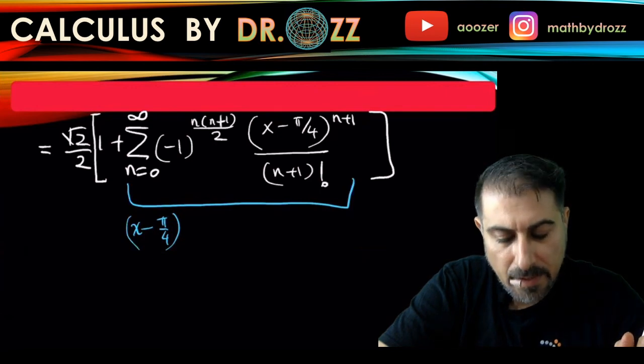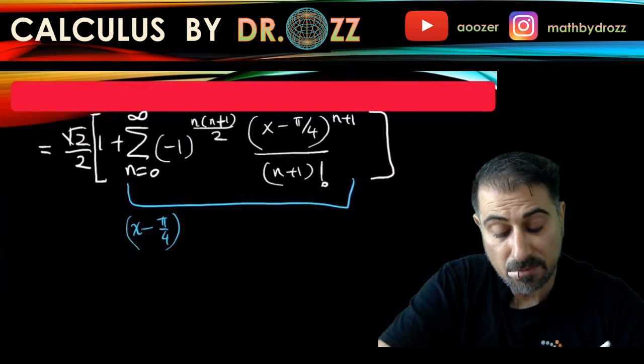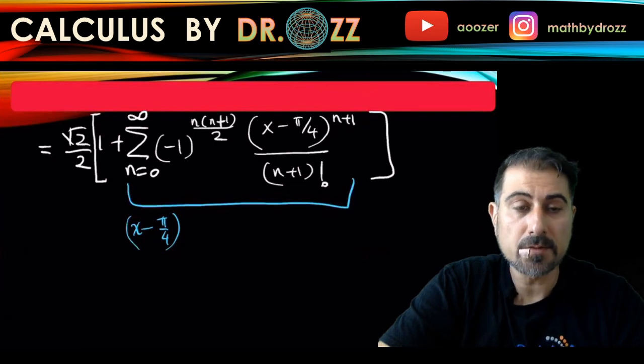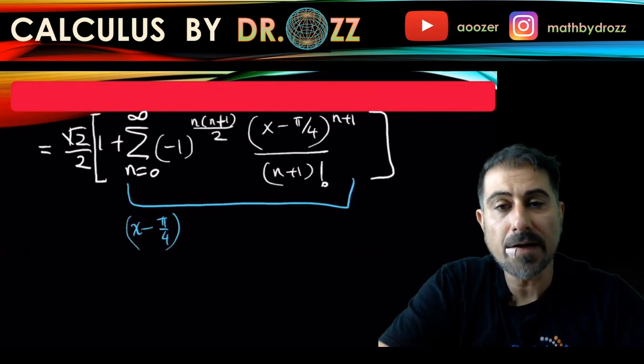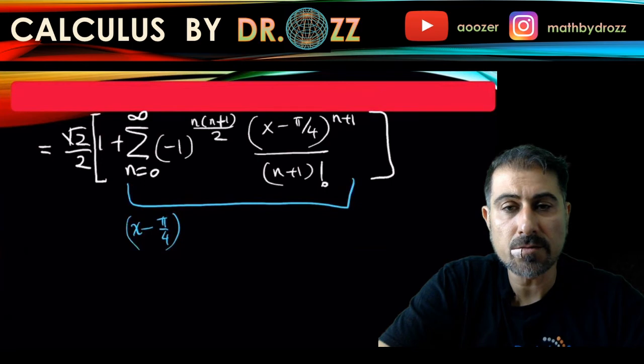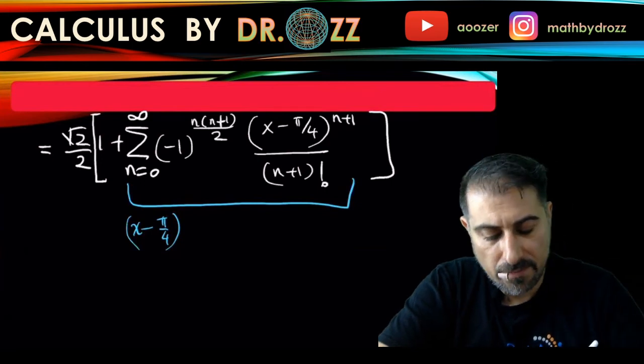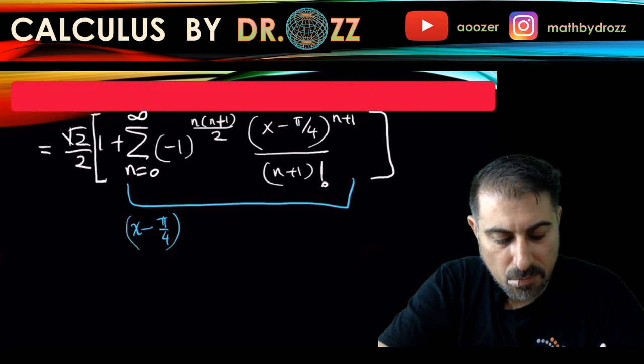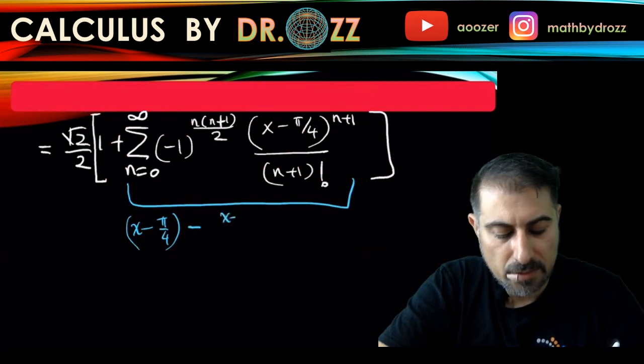So let's try again. n equals 0. The power is 0 for negative 1, and negative 1 to the 0 is 1. The first term is x minus pi over 4. The second term, when n equals 1, is 1 times 2 divided by 2, there you go. So we get 1 for the power of negative 1 in the case of n equals 1. So we have a negative sign coming along here, x minus pi over 4 squared over 2 factorial.